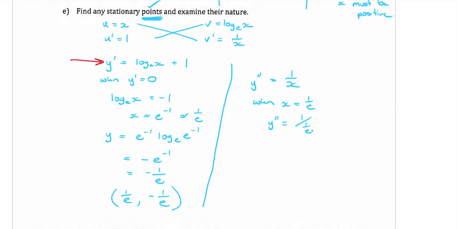Or in other words, e, because it's the reciprocal. Now, e is a positive number. That's all we really care about. It's greater than 0, which means that it's a what? A maximum or a minimum? Minimum. All right, we have done that.